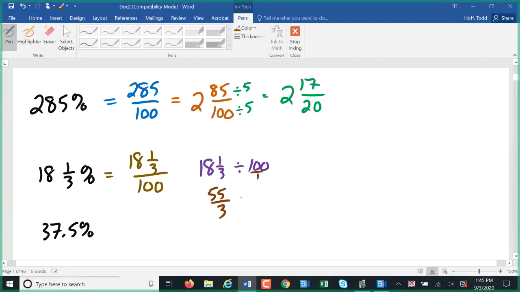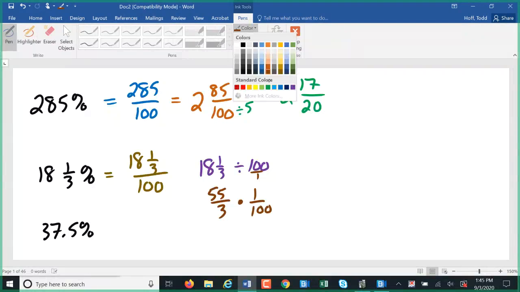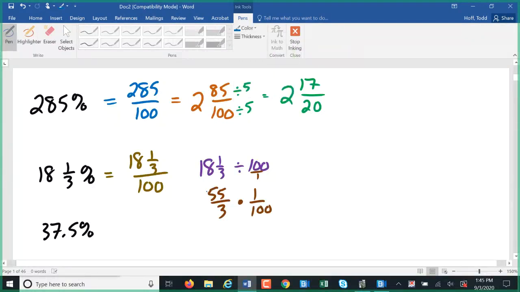Divided by 100 over 1 is the same as multiplying by 1 over 100. We can cross cancel. 55 and 100 both divide by 5. 55 divided by 5 is 11, and 100 divided by 5 is 20. And then we have 11 times 1 is 11. 3 times 20 is 60, so 11/60ths.